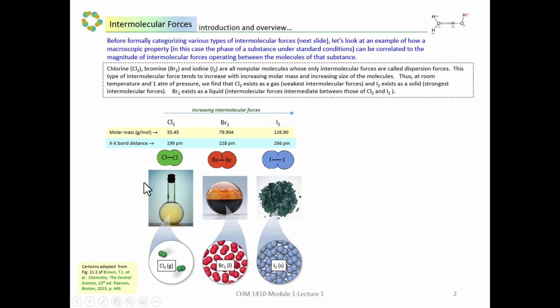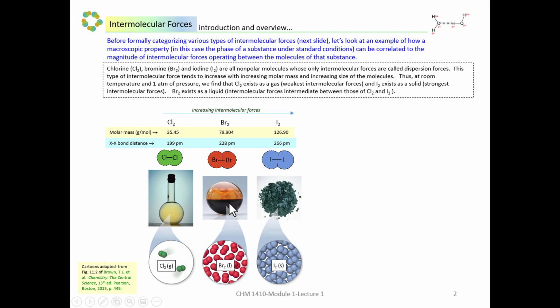If you look at the pictures below, you can see that chlorine, which is the smallest and lightest molecule, exists as a gas under standard conditions. And that's represented here, chlorine gas, large distances between the chlorine molecules.